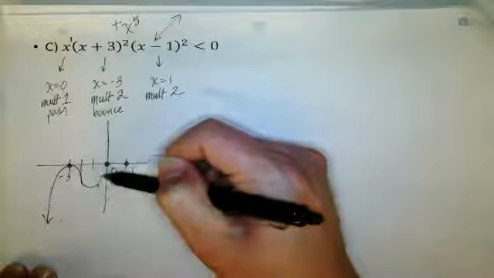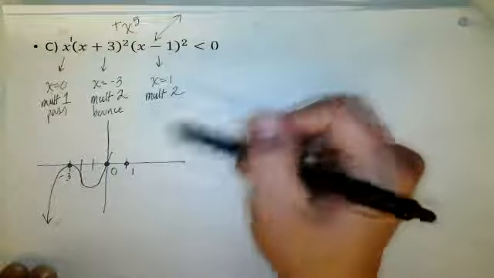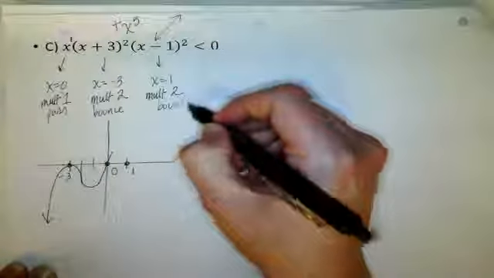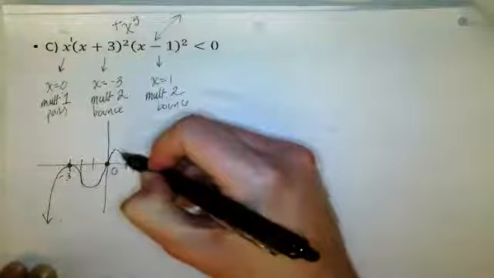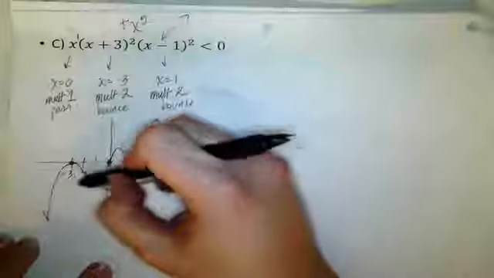So I've got to turn around and pass through. And then I'm approaching 1, and it also has a bounce. And so I have to turn around and bounce off of the 1. So really interesting function. It's not the best drawn curve, but did I do something wrong?